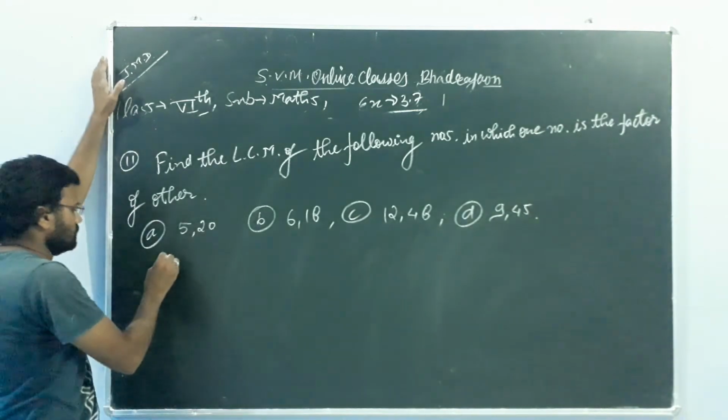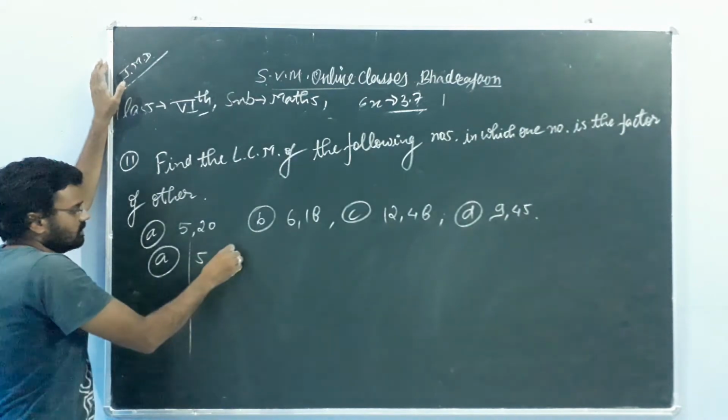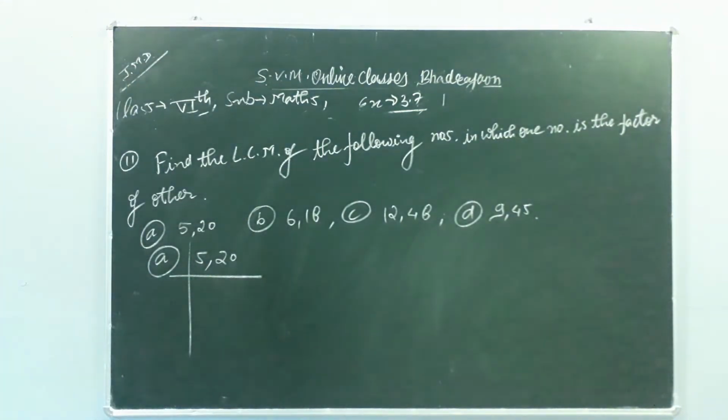So in part A we have 5 and 20 and we will take the LCM. You just try, I will start.